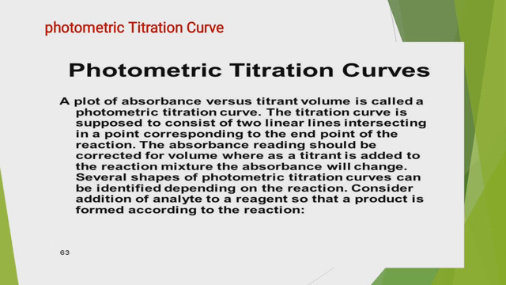Consider the addition of the analyte to the reagent so that the product is formed according to the reaction. Whatever types of titration curve we discuss, we get from the plot of absorbance versus titrant volume, and depending upon the absorbance characteristics of the reactant, titrant, and product, we get different types of titration curves.